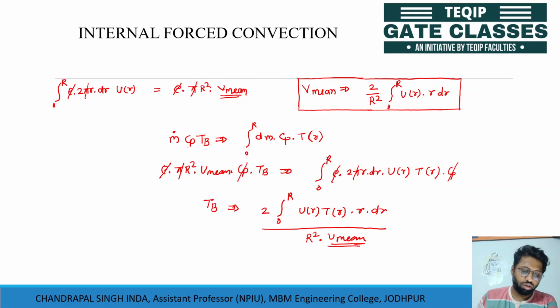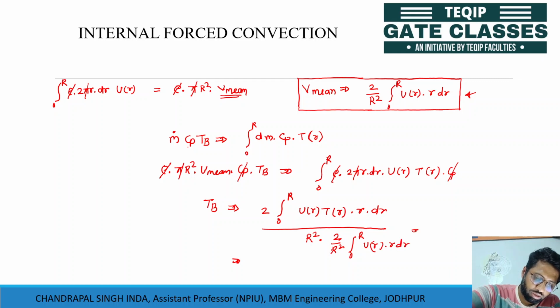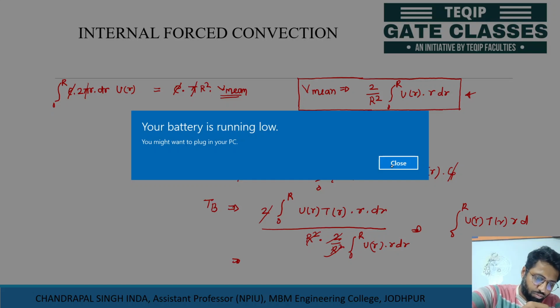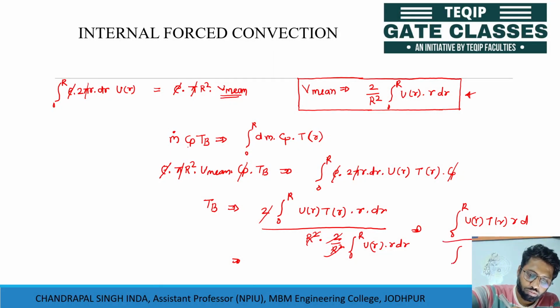So we can put the value of mean velocity from this equation, and then we will have 2 by r square, integral from 0 to r of u r dr. So we will have the value of bulk mean temperature equal to this value.